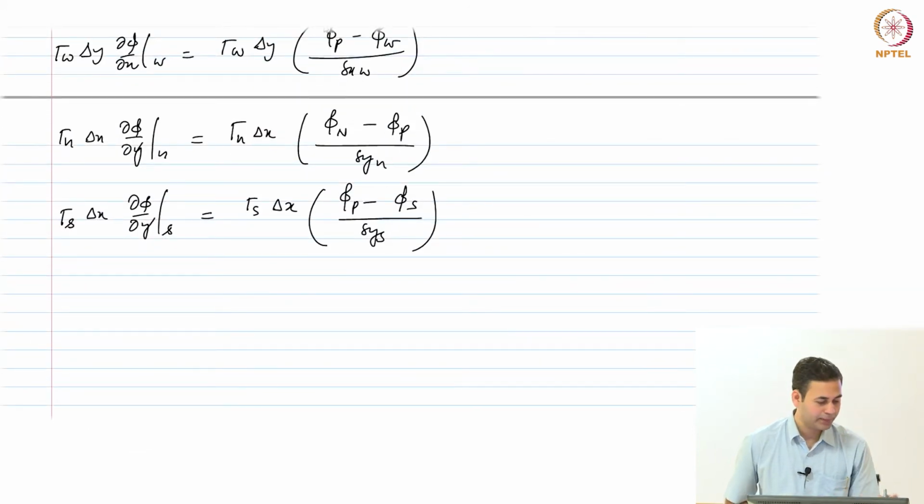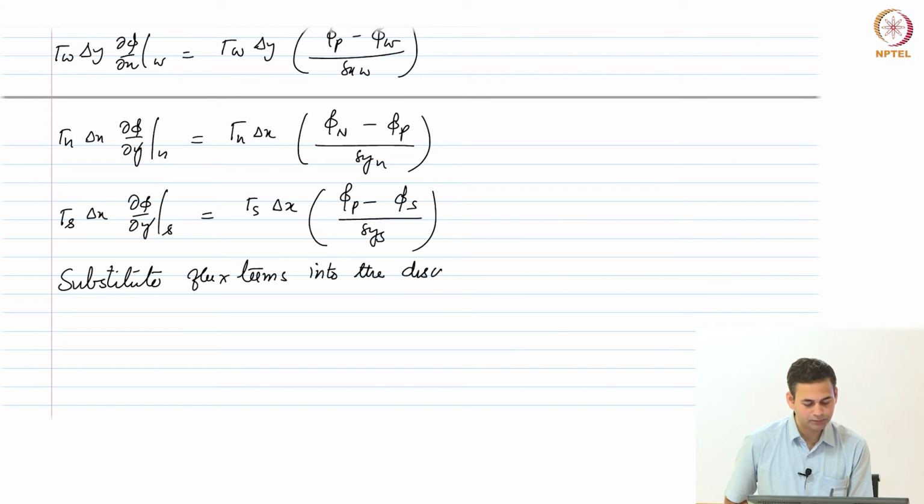So essentially substitute the flux terms into the discrete equation and rearrange to get the finite volume formulation.